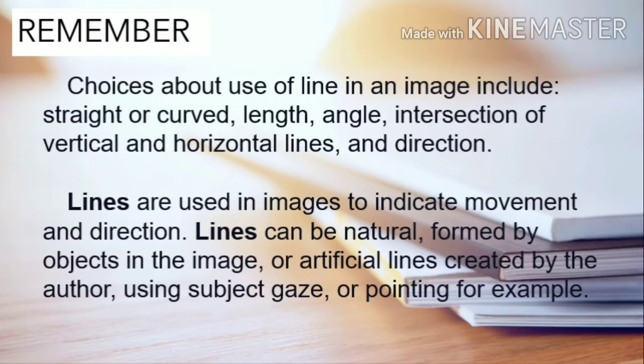Remember, choices about use of line in an image include straight or curved line, length, angle, intersection of vertical and horizontal lines, and also direction. Lines are used in images to indicate movement and direction. Lines can be natural, formed by objects in the image, or artificial lines created by the author using subject gaze or pointing, for example.